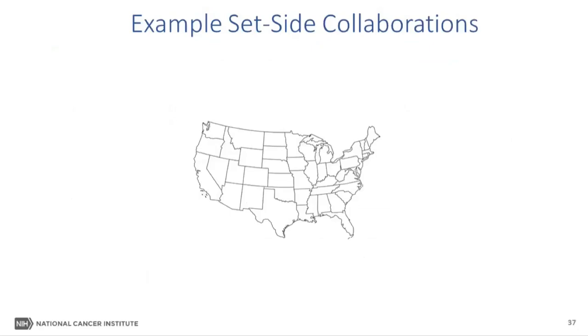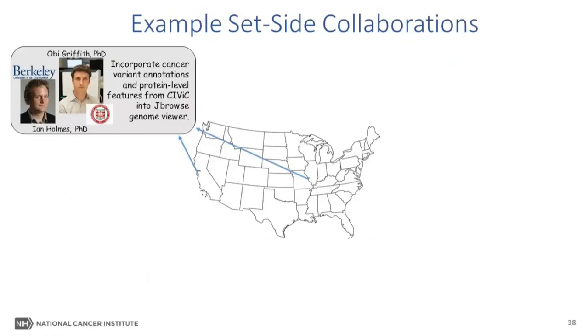And so I wanted to provide just 3 examples of set-aside collaborations that have been or are being supported through ITCR. So the first example is a collaboration between OB Griffith, who, as I mentioned earlier, supports the CIVIC tool, with Ian Holmes, who supports a genomic browser called JBrowse.